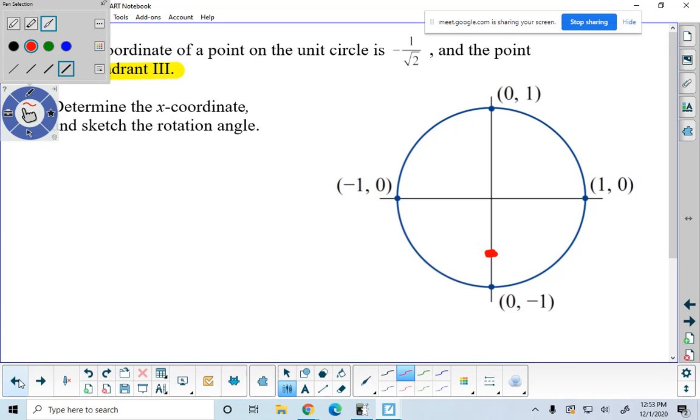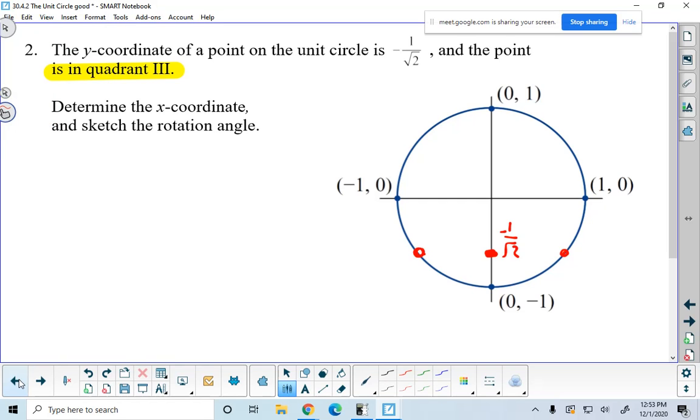So that y coordinate is -1/√2. And there are 2 points with that y coordinate. But since you're told the terminal arm or the point lies in quadrant 3, you know that it's only the point on the left.